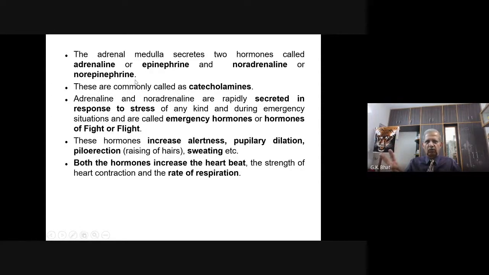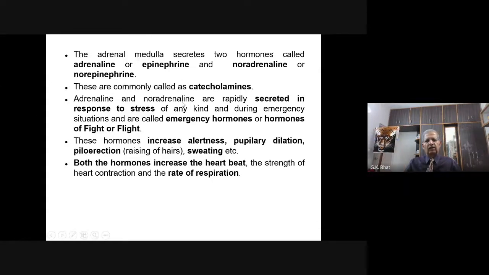Both these hormones are together called catecholamines. Sometimes you'll be asked what are the examples for catecholamines. Catecholamines are adrenaline and noradrenaline, the hormones produced by the adrenal medulla.